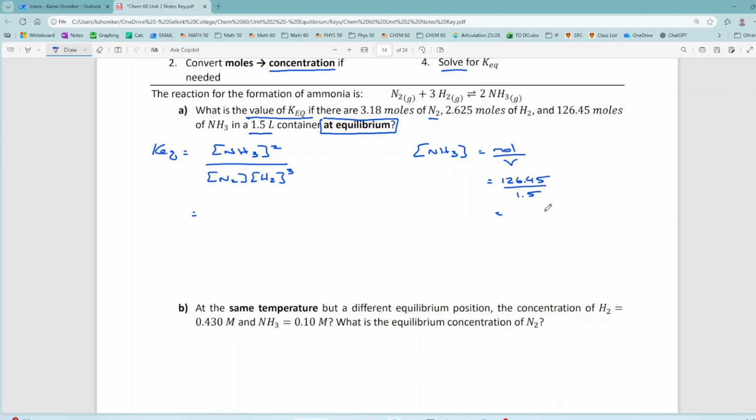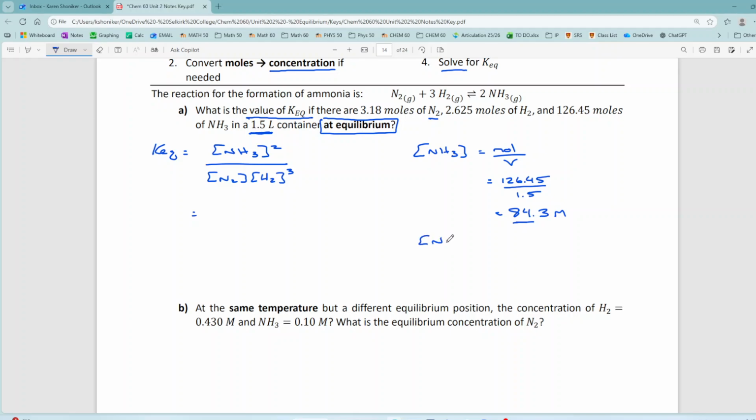So our concentration of ammonia is, and again, we're not at a final calculation, so make sure that you're keeping all your sig figs, but that you keep track of the sig figs in the question if anything gets kind of crazy. So this is going to equal 84.3. Now again, we have a 1.5 liter container, but my calculator came out with 84.3, but maybe I'll keep track of the fact that this is just 4 sig figs. And the units for this now are moles per liter or molarity.